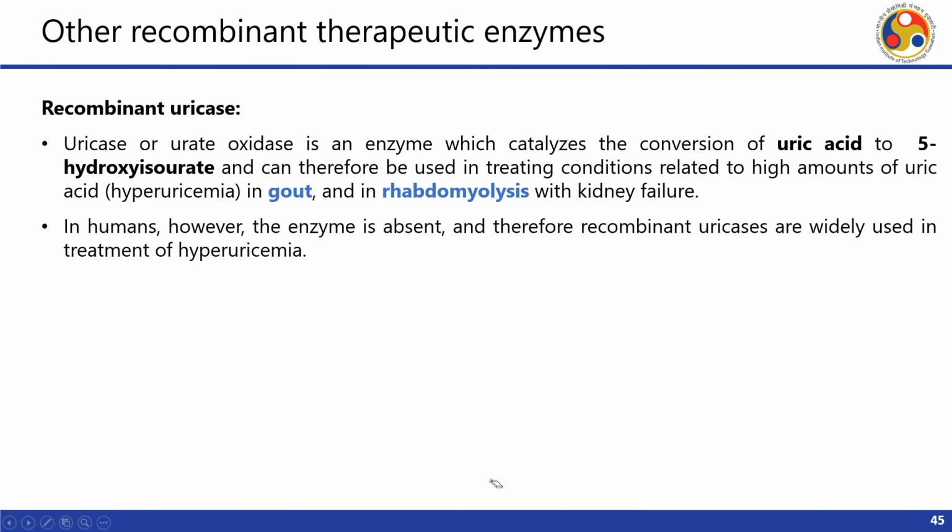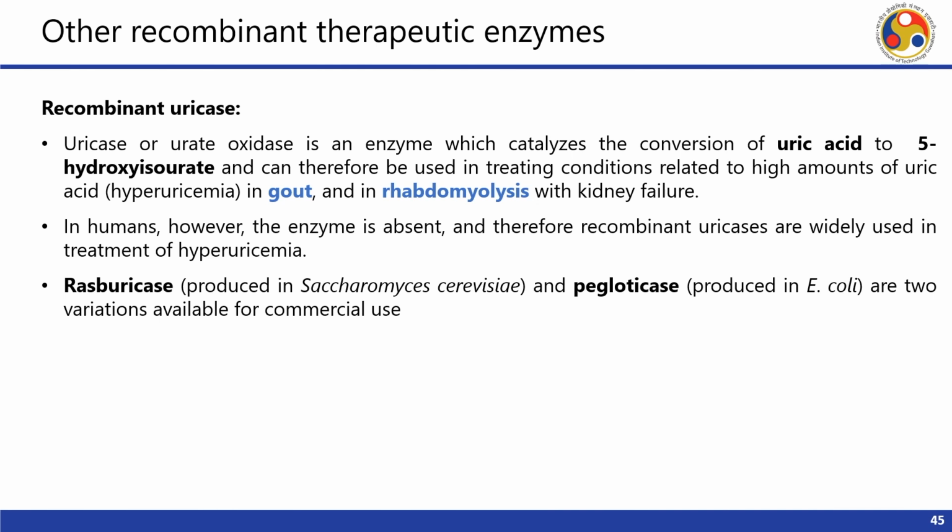In humans, however, the enzyme is absent, and therefore recombinant uricases are widely used in treatment of hyperuricemia. Then we have rasburicase, which is produced in Saccharomyces cerevisiae, and pegloticase produced in E. coli are two variations available for commercial use.